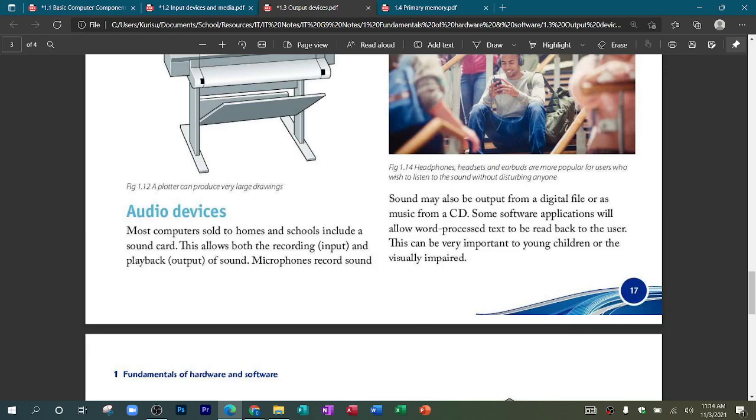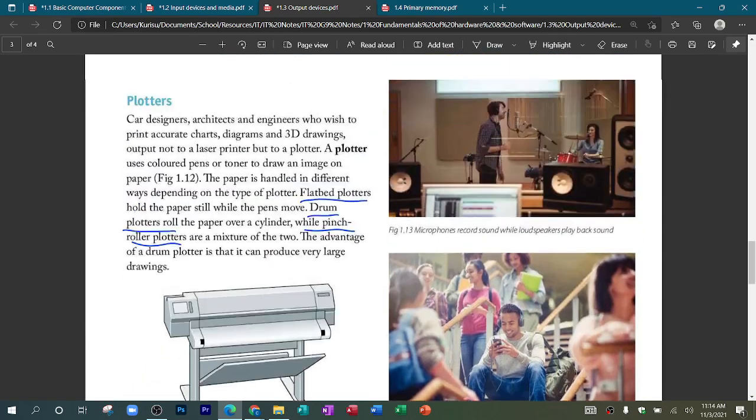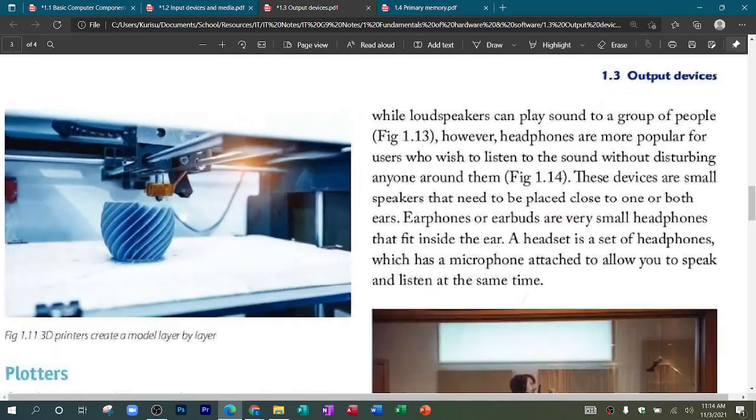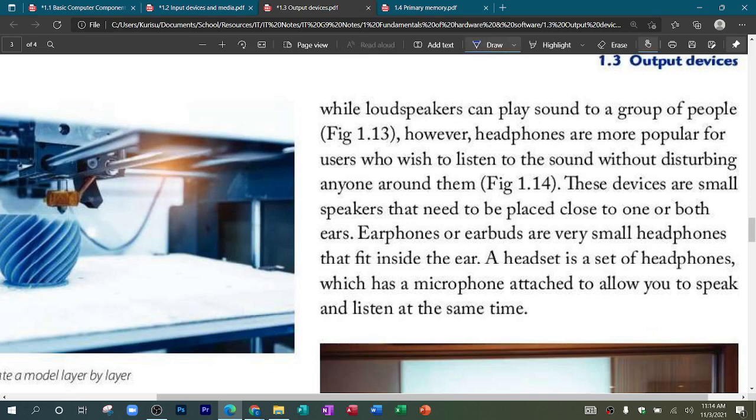Now the other type of soft copy output is the audio devices. They make soft copy output. For example, your speaker makes soft copy outputs. When it comes to the speaker or audio devices, take note of the difference between the terms. What is a headphone? What is an earphone? And what is an earbud?